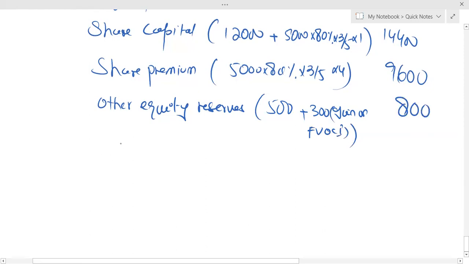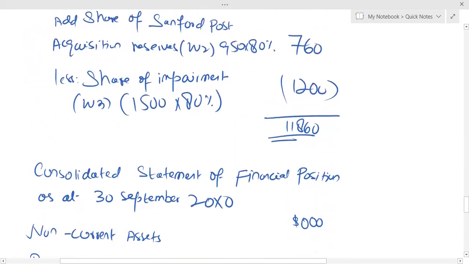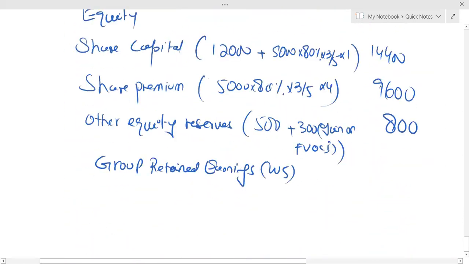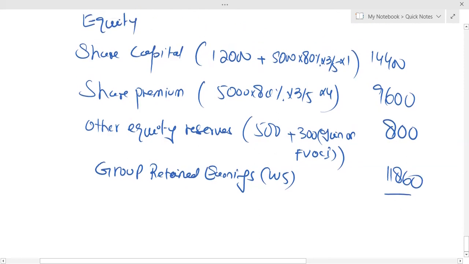Group retained earning, working 5, we have already calculated. Let's see the value of group retained earning. It is 11,860. So if I simply add this 14,400 plus 9,600 plus 800 plus 11,860, I'm getting 36,660.